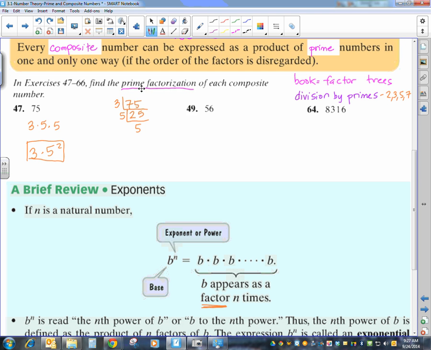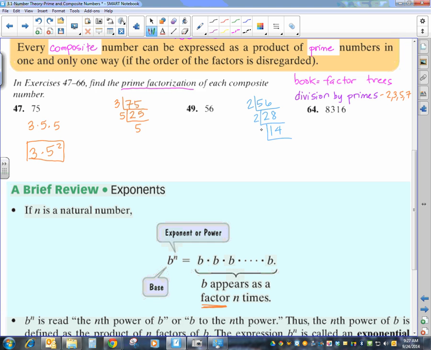So the next one that we have would be 56. So I'm going to start with 56. Does 2 go into 56? It does, 28 times. Again, even number, divisible by 2. 2 goes into 28 14 times.